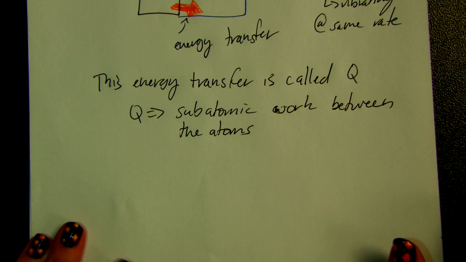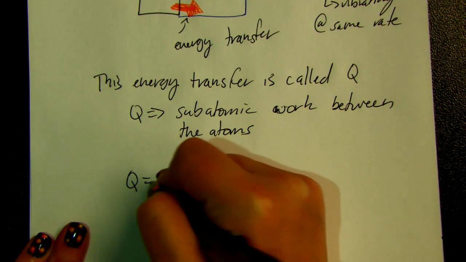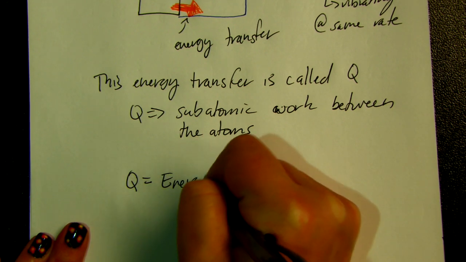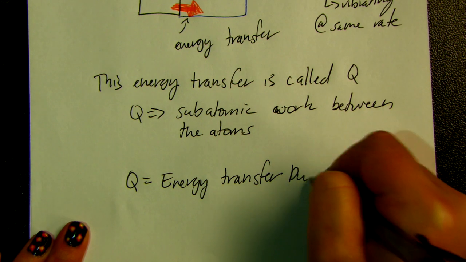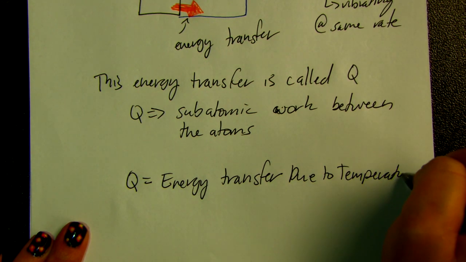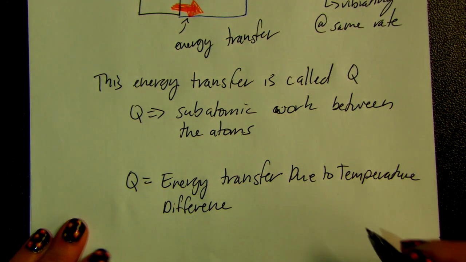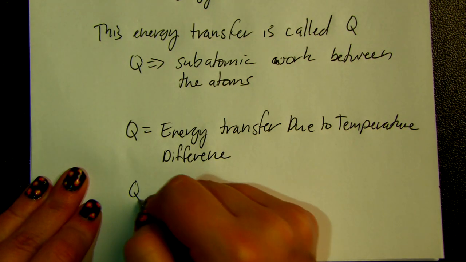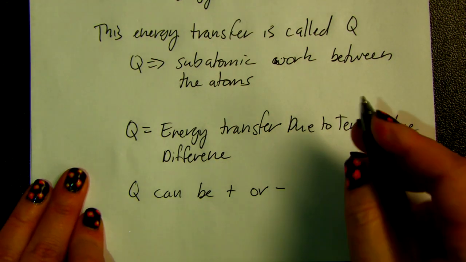All right, so let's write out a couple of definitions. So Q is energy transfer due to temperature difference. Q can be positive or negative.